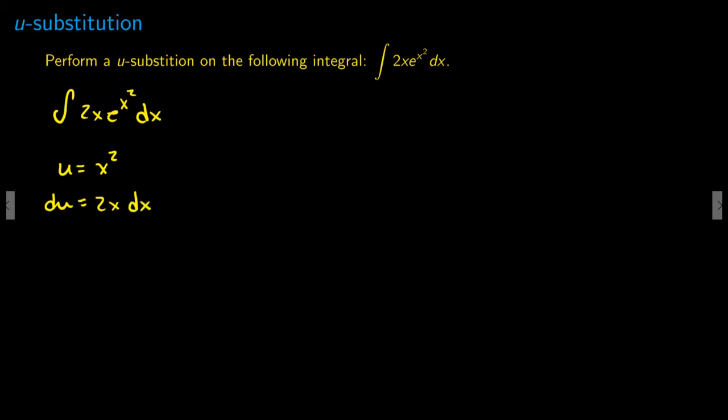And again, we see 2x dx is sitting in our integral there. So we can substitute to give the integral of e to the u, because u is just x squared, times du. And again, we know how to integrate e to the u. That's just e to the u plus some constant of integration, and back substituting gives e to the x squared plus c.